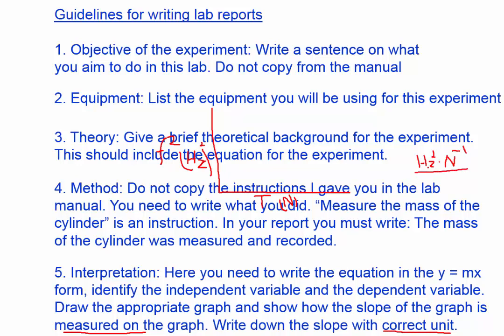So this is the unit of the slope. Remember, what's hertz? Hertz is per second. So this is the same as Newton to the power of -1 times s to the power of -1. This is hertz squared, so s to the power of -2. That is the unit of the slope.